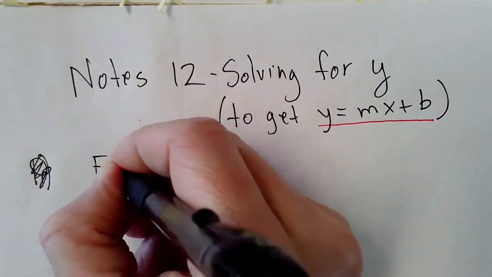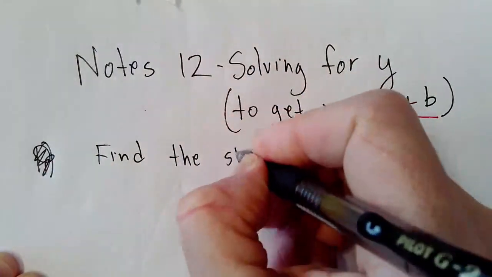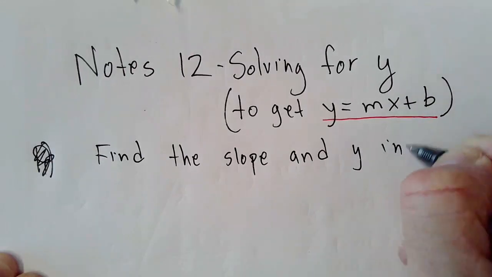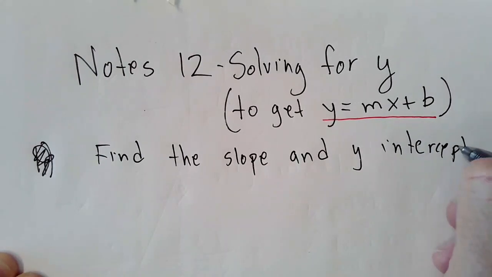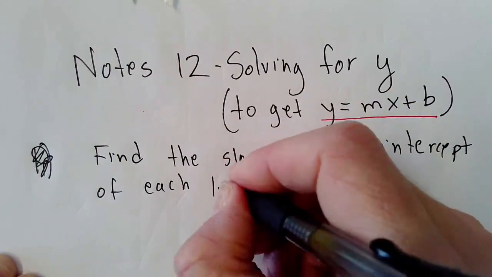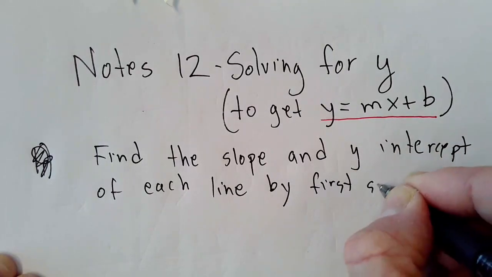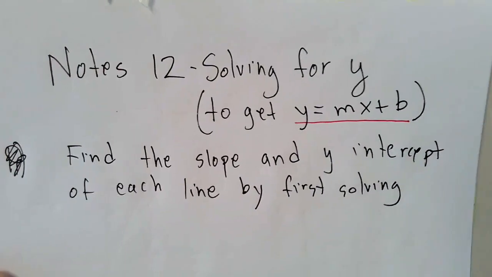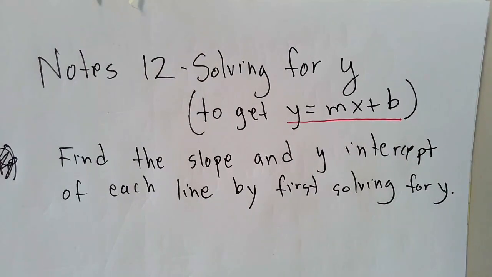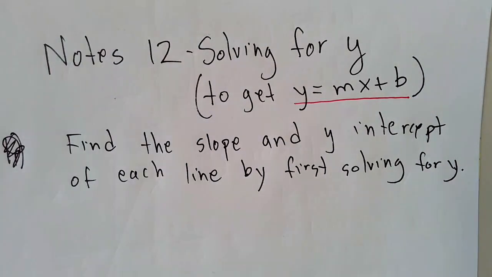So the directions are find the slope and y-intercept of each line by first solving for y. Find the slope and y-intercept of each line by first solving for y.